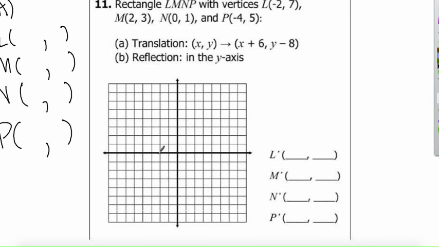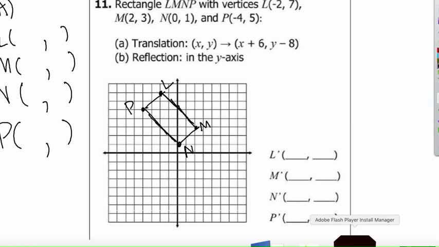I've got -2, 7 is L, M is at 2, 3, N is at 0, 1, and P is at -4, 5. Okay, so here's our original rectangle, the one that we're about to do a translation and then a reflection.